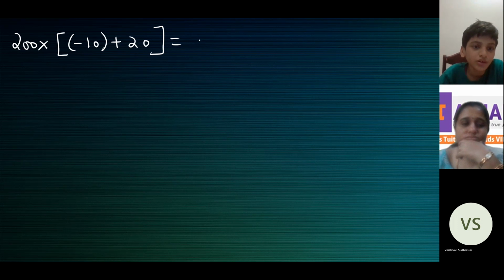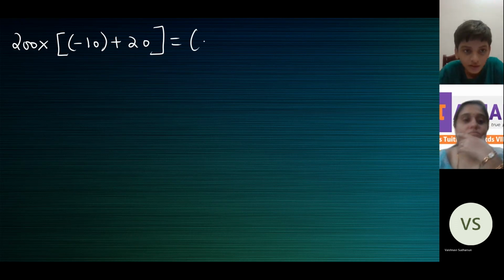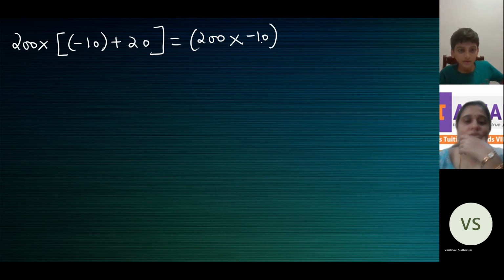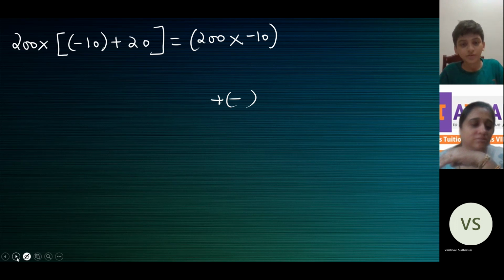Okay. 200 multiplied by minus 10. With multiplication, you can have minus. That is okay. Plus and minus shouldn't be together; then only you should put it in a bracket.